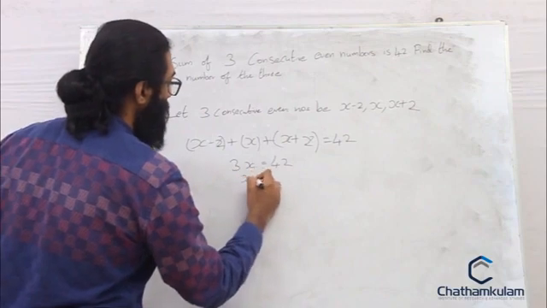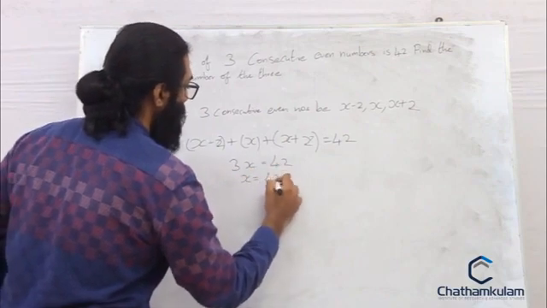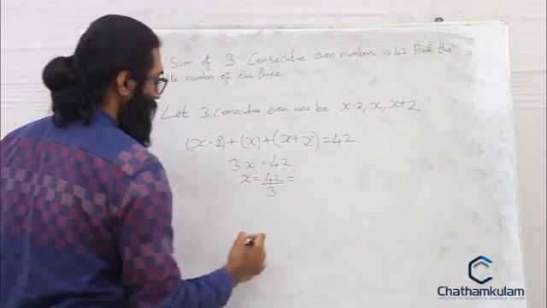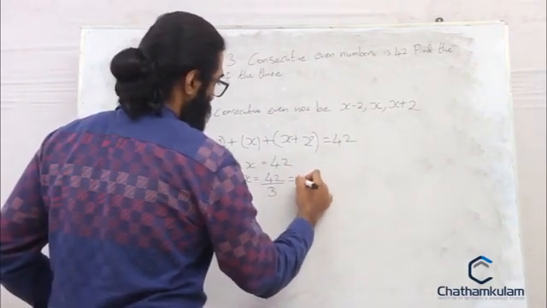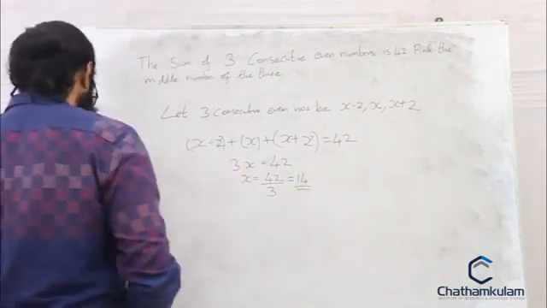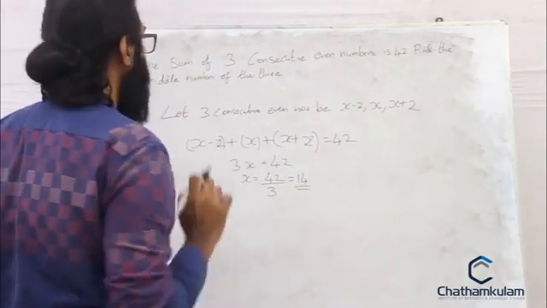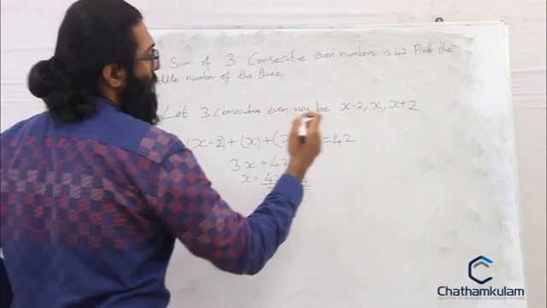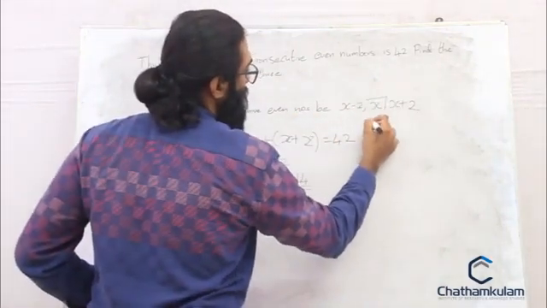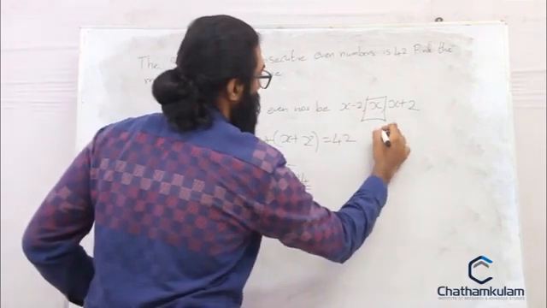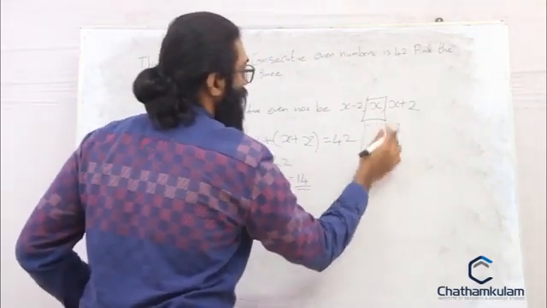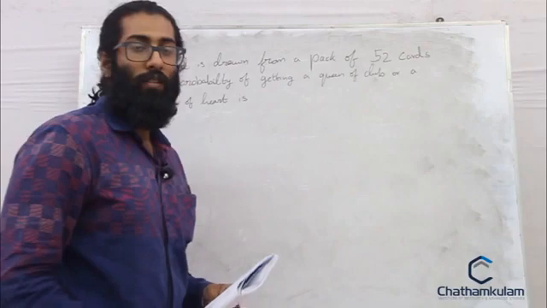Therefore x equals 42 divided by 3, which is equal to 14. Right. So here we have to find the middle number. What is the middle number here? x is the middle number. Therefore the value is 14. So 14 is the answer. So let's see the next question.